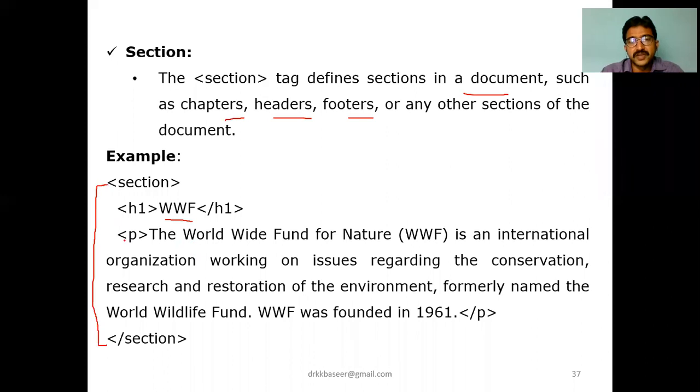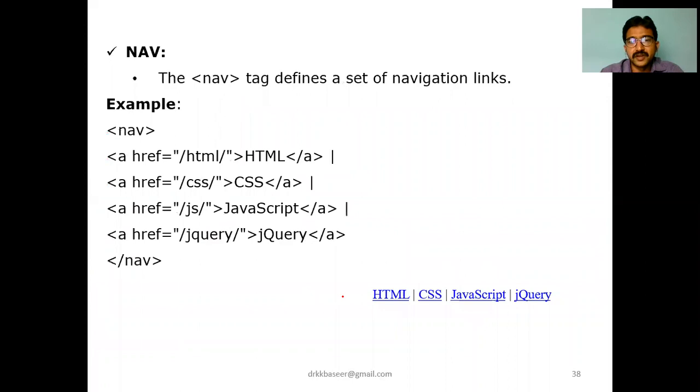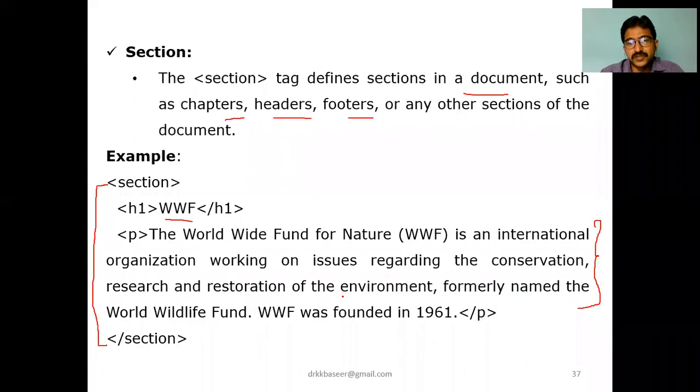We are giving some description for this topic. That is WWF, World Wide Fund for Nature. For this, we are defining some text. Now when you run this, it displays as a section. You can see that example in the practicals as well.